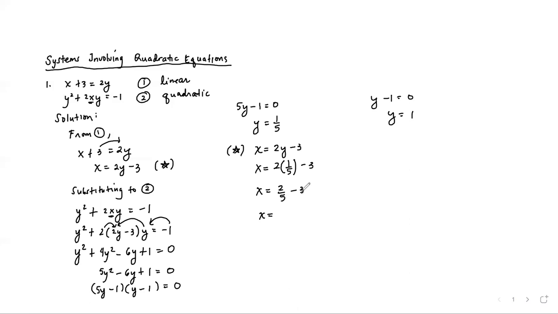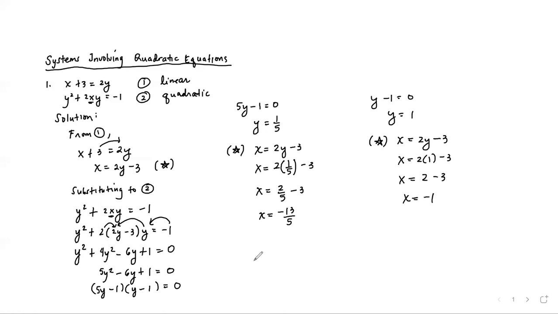And eventually, this will be simplified into negative 13 over 5. And then for the second equation here, we got y equals 1, and then substituting y equals 1 to the star equation, we get x is equal to 2y minus 3, which is x equals 2 times 1 minus 3, which is x equals 2 minus 3, and it is simplified as negative 1.